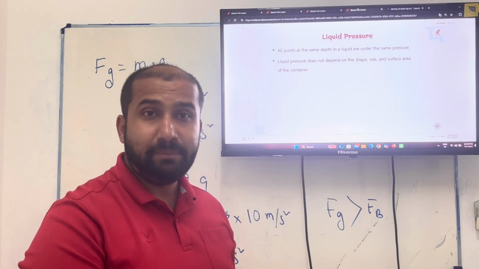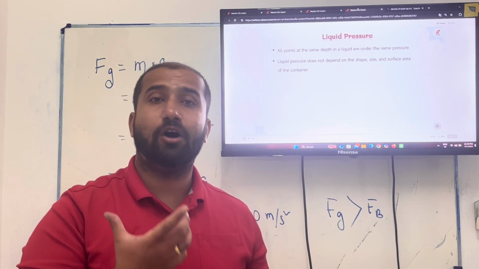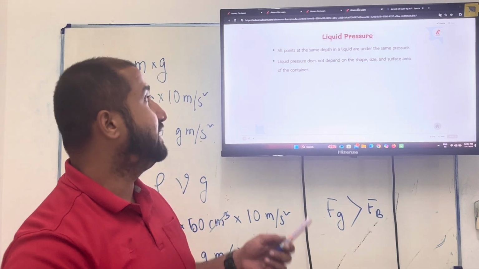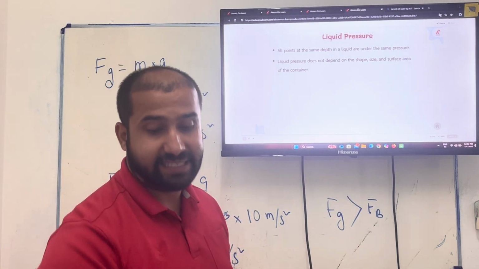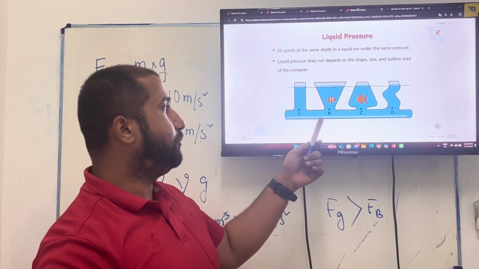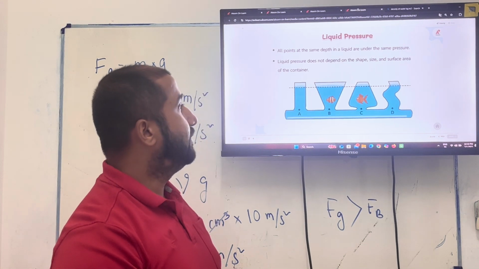If it is at the same level, it does not matter what type of object it is, what size of object it is, or what shape of the object it is, it will always experience the same amount of liquid pressure.